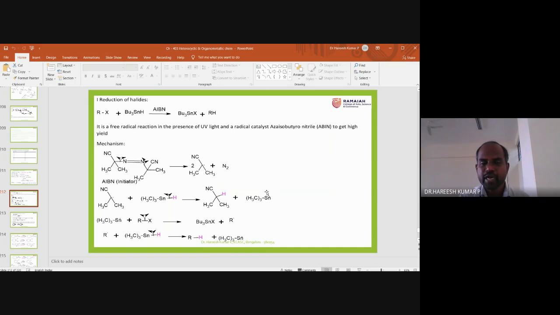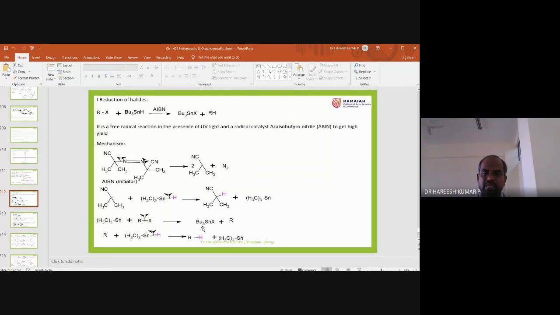This tributyl tin radical reacts with the alkyl halide. The alkyl halide undergoes homolytic cleavage. Then X, the halide, forms a bond with the tin.